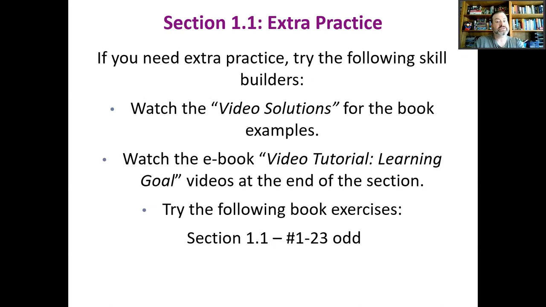That's at the end of the section. And of course, there are some book exercises. All of the odd exercises in the book have the answers, and many of these are homework problems. So you might as well look at those and give yourself the answers to half of the homework problems, right? Can't beat it.